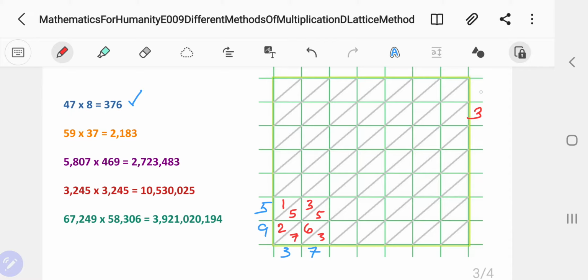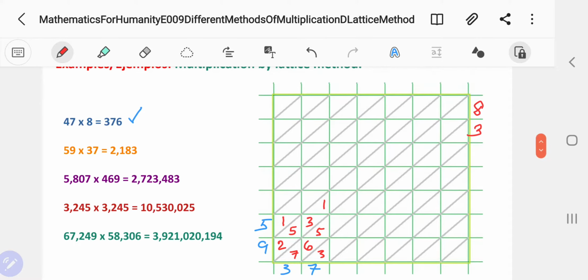So I'll write 8 here, and then I'll carry 1 here because it's 18. So 1 plus 3, that's 4, plus 5 would be 9, plus 2 would be 11. So I'll write 1 here and put the 1 in here because it's 11. Then I have 1 plus 1 would be 2.